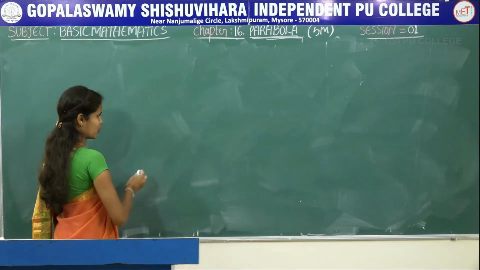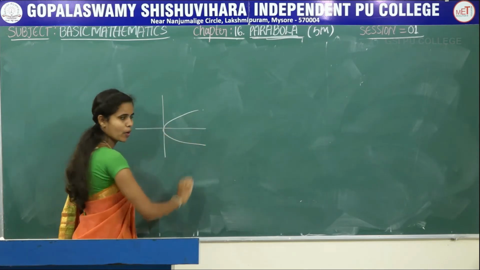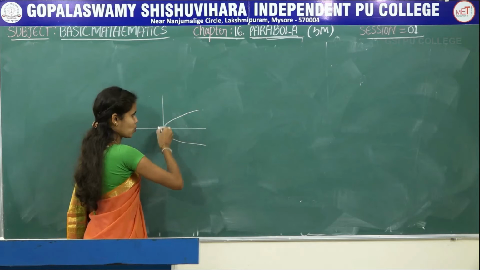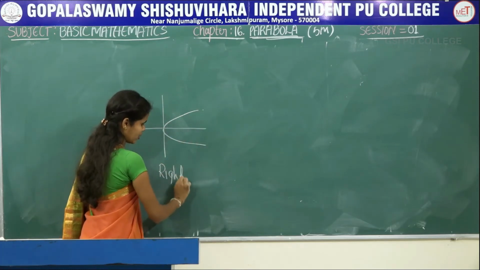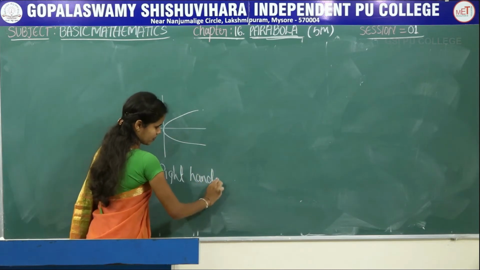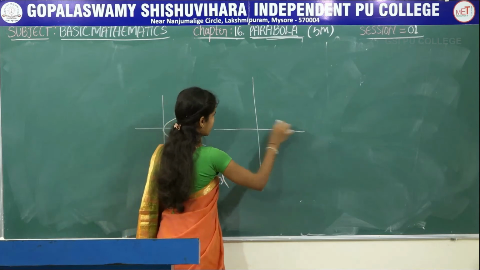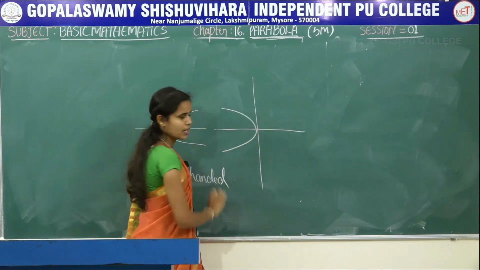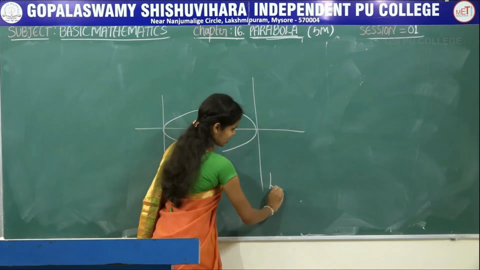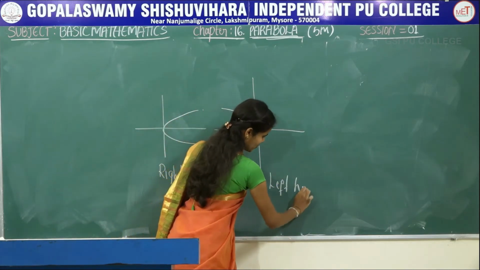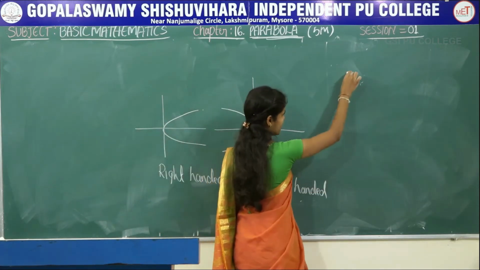If the parabola is symmetric with respect to the positive x-axis and opens towards the right side, it is called a right-handed parabola. If the curve is symmetric with respect to the negative x-axis and opens towards the left, it is called a left-handed parabola.